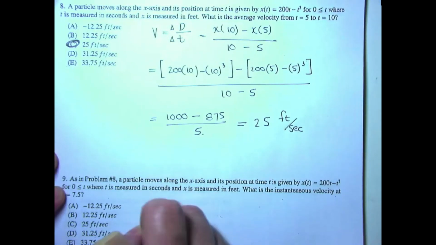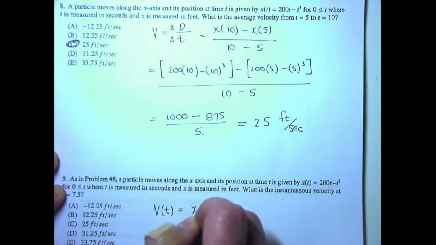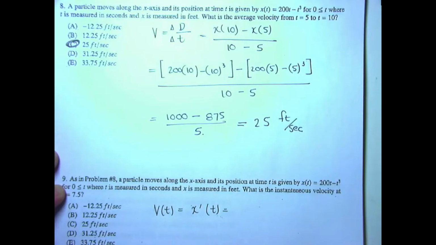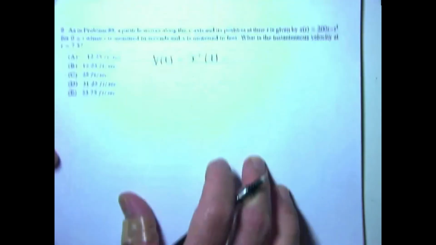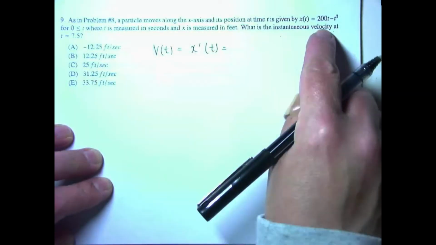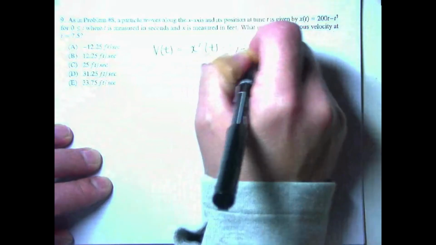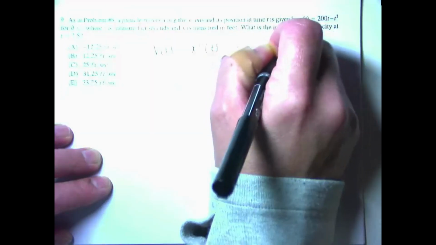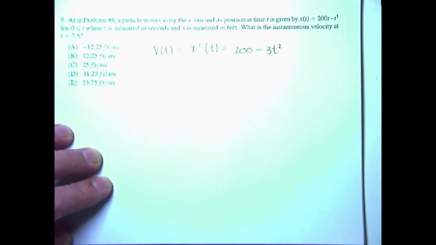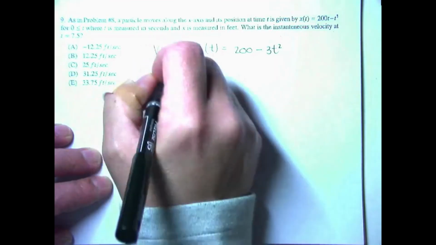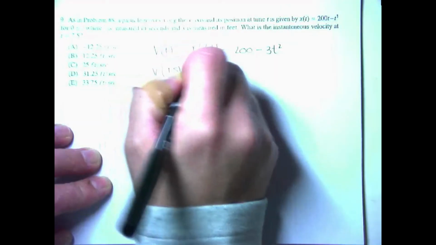So the instantaneous velocity function is going to be equal to the derivative of x of t, which, if I find my derivative here, will be 200 minus 3t squared. All right, we can evaluate at 7.5.